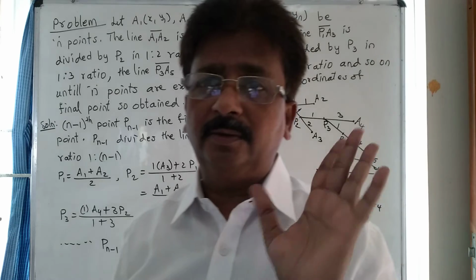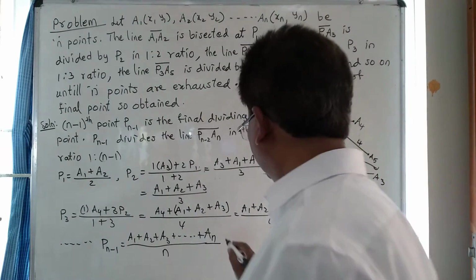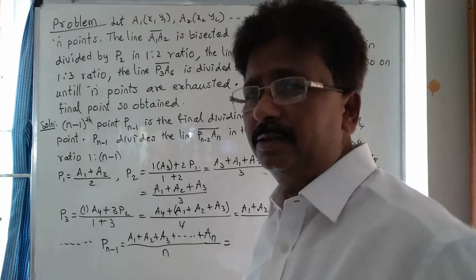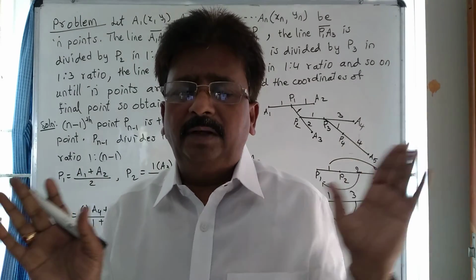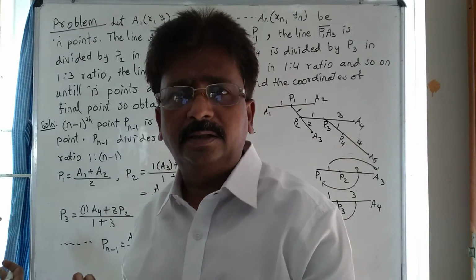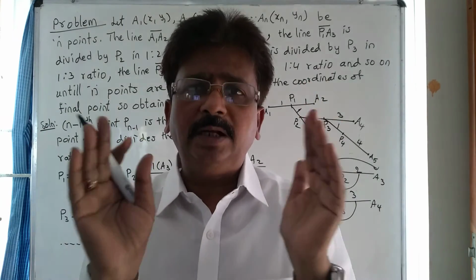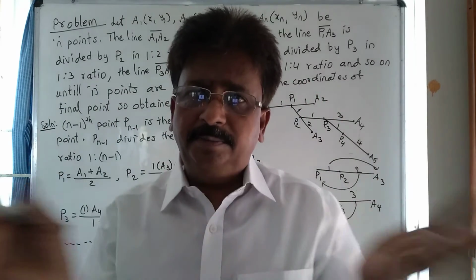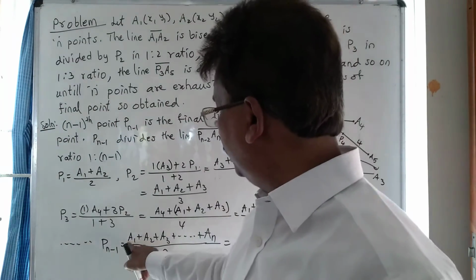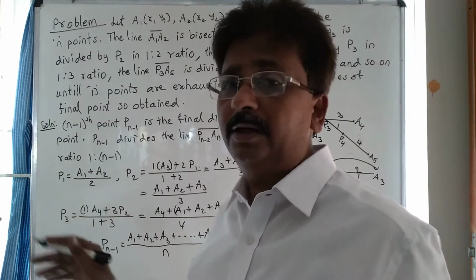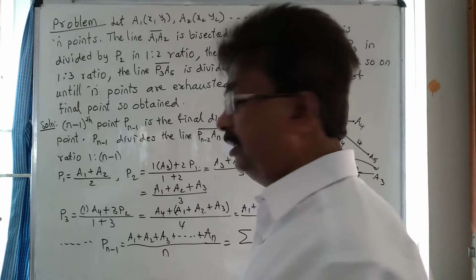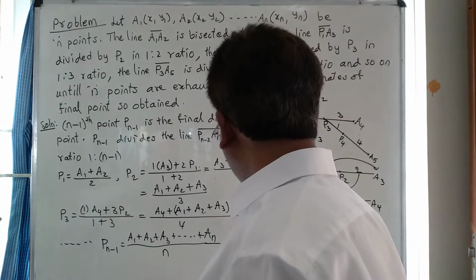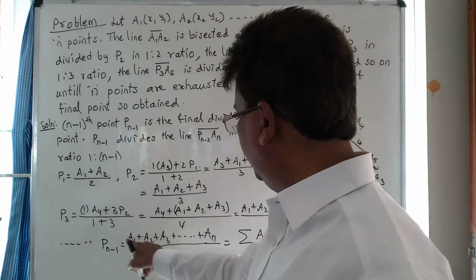Now let us write the coordinates of them. For space reasons on the board, I will write this value in sigma notation because it is the summation: A1 plus A2 plus A3 and so on, up to An. Sigma means summation, and A is common to everything here.